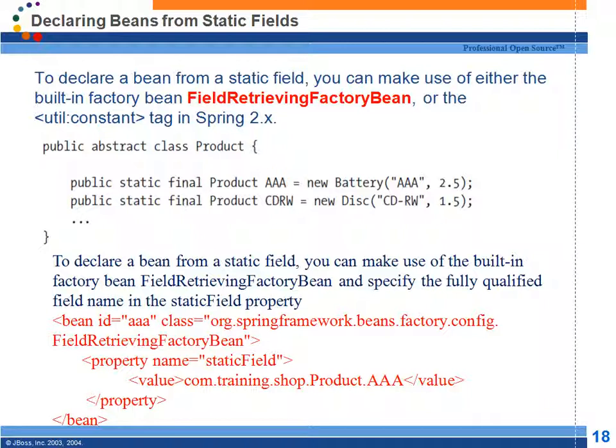This is also a factory bean, it will produce some objects, and for that there is a dependency, staticField. What is the static field? com.training.shop.Product.AAA. So whatever this static field is pointing to will be returned. Now if I say factory.getBean AAA, I will get an object of what this AAA is pointing to, battery. So this is a way to declare beans from static fields.